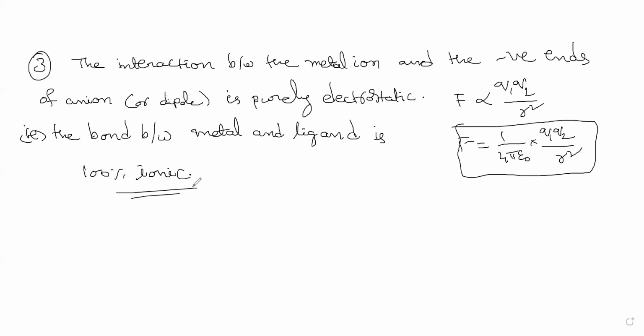See, we say that the metal and ligand are forming coordinate covalent bond. Coordinate covalent bond is not an ionic bond. But in this theory, crystal field theory, we will consider that whatever the electrostatic interaction is there, that electrostatic interaction only is there. There is nothing like sharing of electron pair. They are interacting like a positive charge and a negative charge. A positive charge and negative charge interacting means there will be a Coulombic attraction.